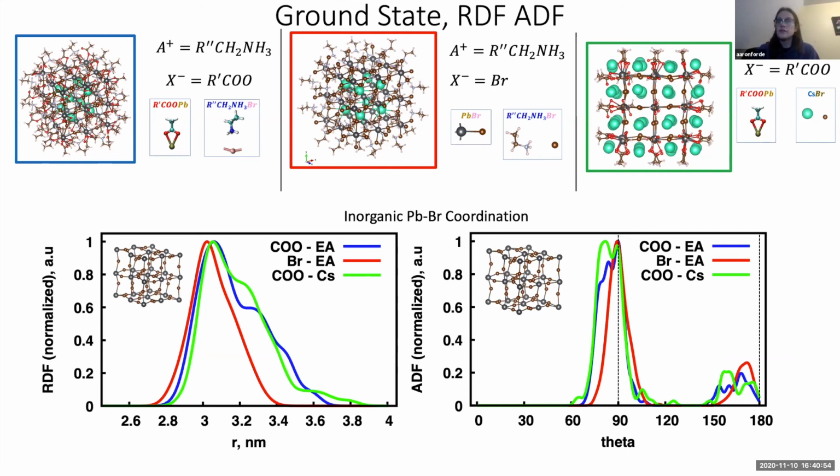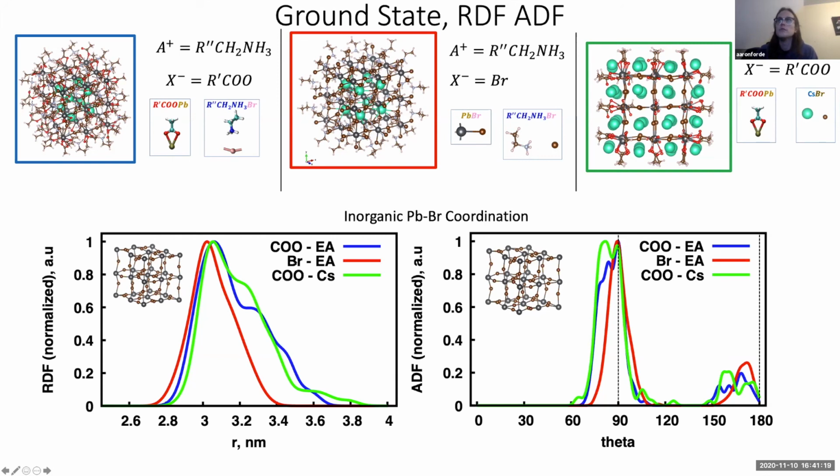So the interesting thing is that you can see in both of the plots that for the models that have oleates on the surface, the green and blue curves, they have a fairly wide distribution of bond distances and also a fairly wide distribution of bond angles.